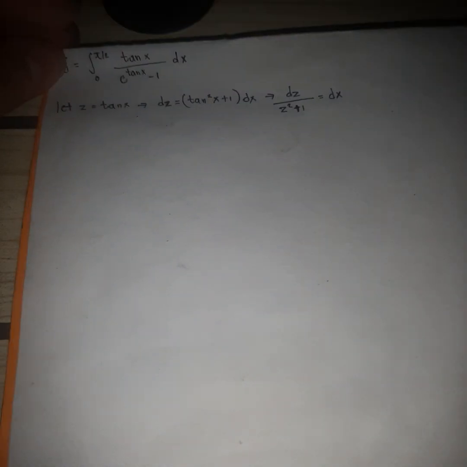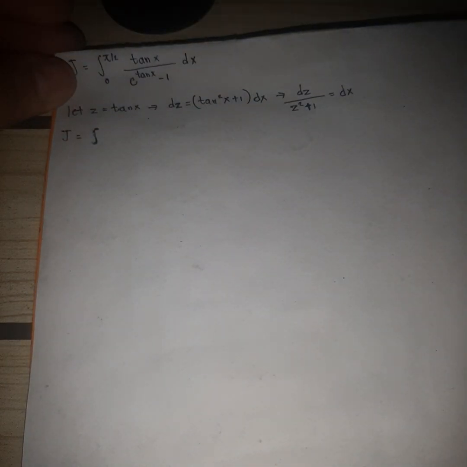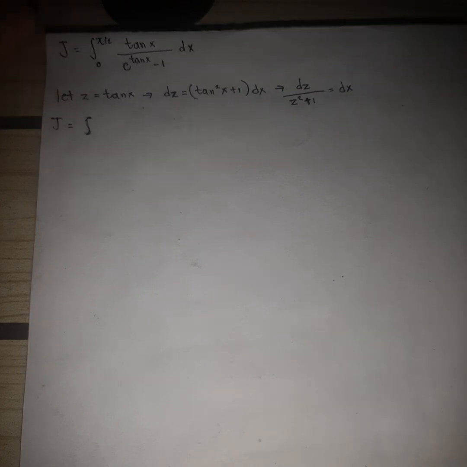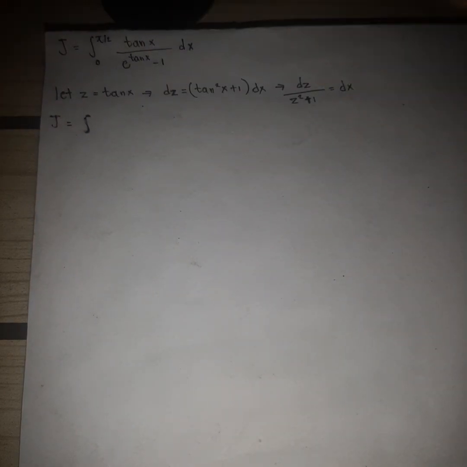Now if we substitute this into the integral, our J is now an integral from 0, since tan of 0 is 0, and the limit as x approaches pi over 2 of tan x is positive infinity.